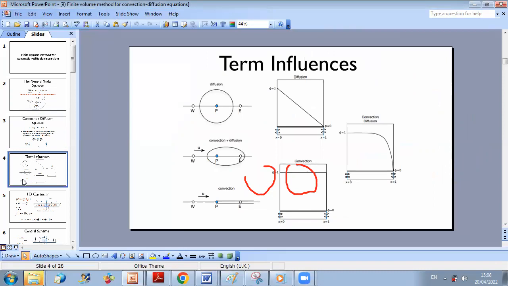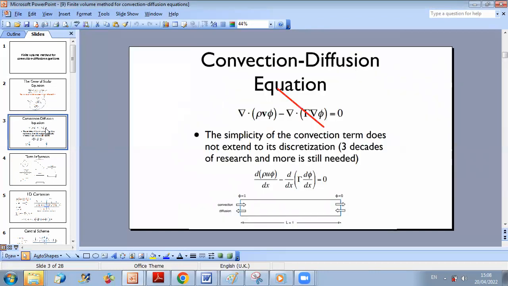We'll see together that if you have pure diffusion, the variation of the variable within the domain will be linear. If you only have diffusion without a source term, what will be the equation? If you go back to the equation here, this term is 0. So if you just have diffusion without anything else, you have d by dx of diffusivity times d phi by dx equals 0.